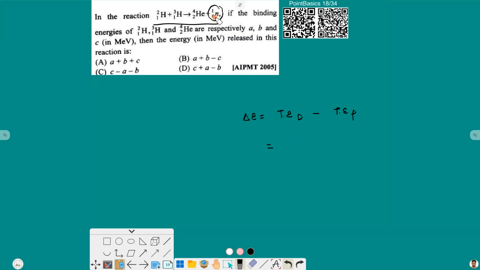We have only one neutron and it will be free, so we will not have any binding energy related to it. We will have only the binding energy for helium, and it is C. So C minus A plus B. So it will be C minus A minus B. So that is option C for us.